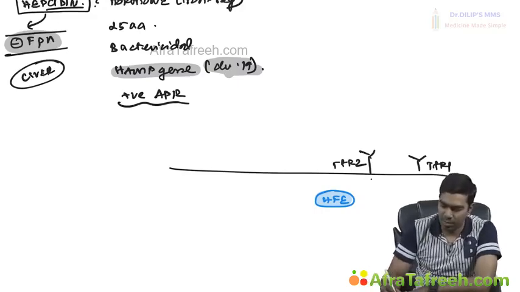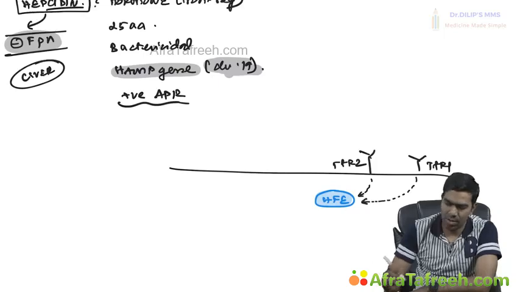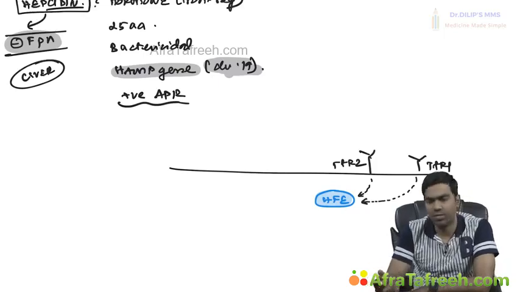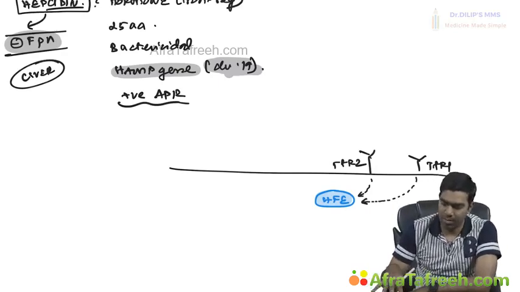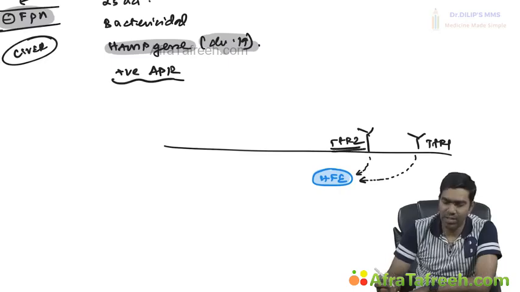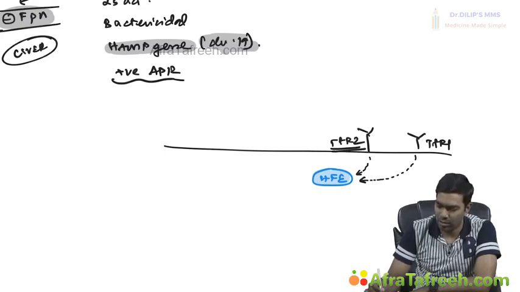Remember, both transferrin receptor 1 as well as transferrin receptor 2 are in competition for your HFE gene product, that is HFE protein. But remember, only when transferrin receptor 2 binds with HFE can it activate the HFE. I can put a different color for that.